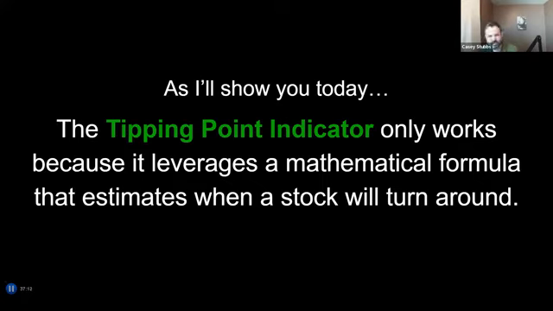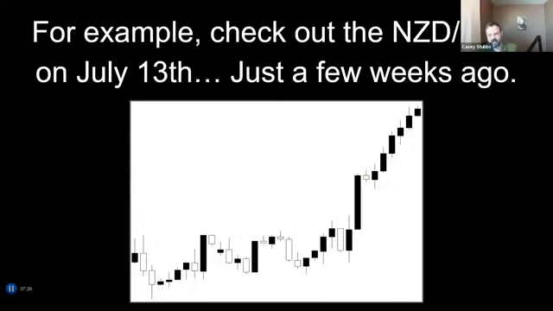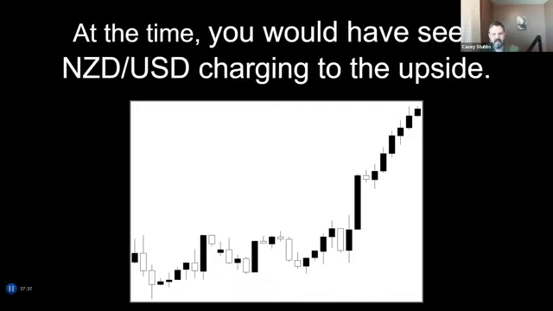And as I'll show you today, the tipping point indicator only works because it leverages a mathematical formula that estimates when a stock will turn around. For example, check out the New Zealand US dollar on July 13th, just a few weeks ago. At the time, you would have seen New Zealand US dollar charging to the upside.